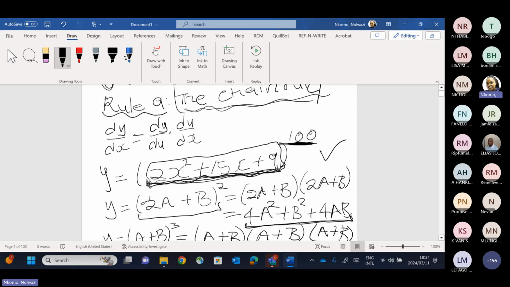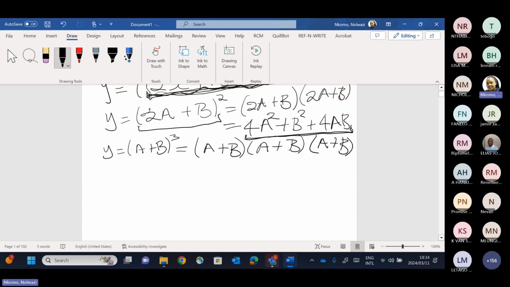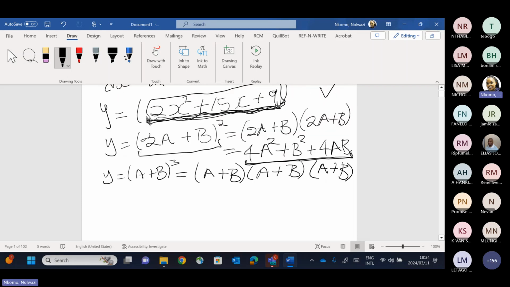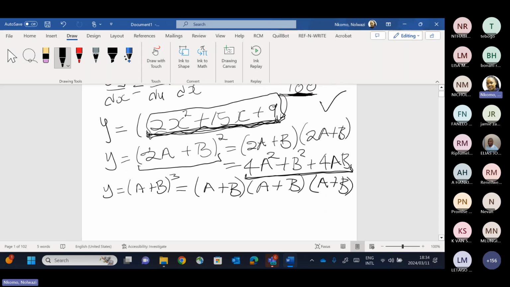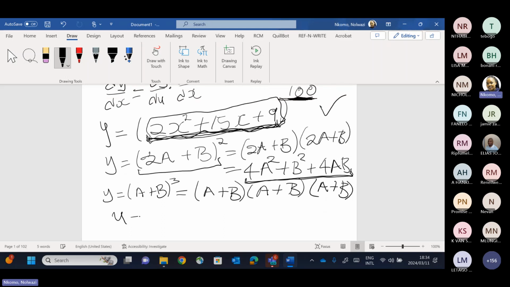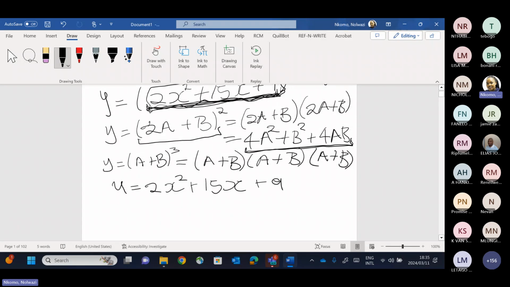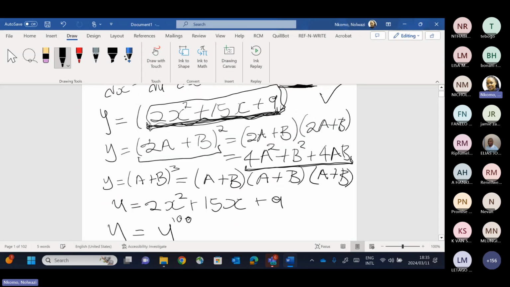Let's say we let that function be u. So this means we have u equals 2x squared plus 15x plus 9. So if this whole function is u, this means we can write our y as u to the power 100, because we let all this function be u.